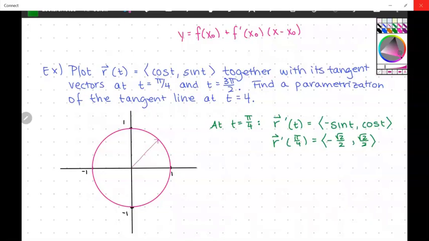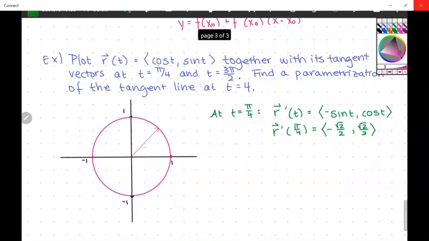So that vector right there is the location vector for r of pi over 4. Not r prime, but r. So that's the location vector. We take its terminal point, and that's where we're going to draw the tangent vector.